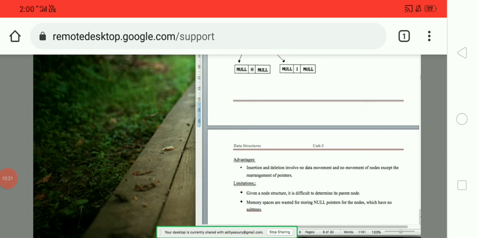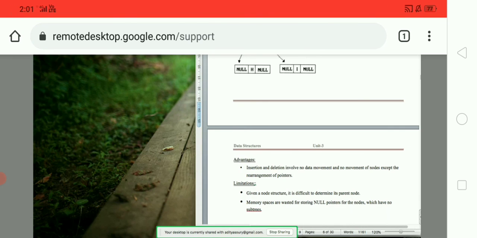Now let us see the advantages and disadvantages of the linked representation of a binary tree. Insertion and deletion involve no data movement and no movement of nodes except the rearrangement of pointers. The limitations are: given a node structure, it is difficult to determine its parent node.